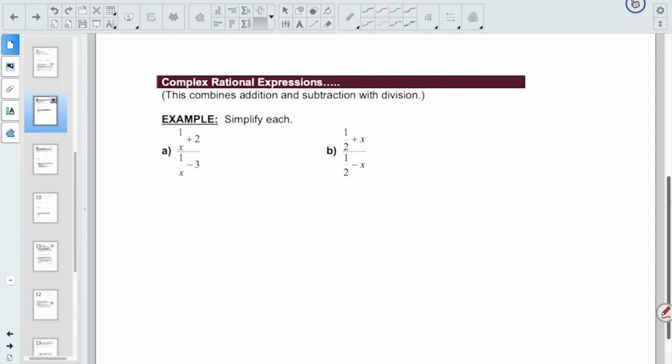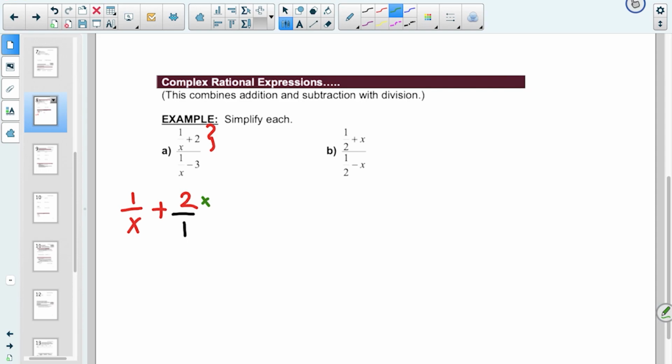So looking first at our fraction here on the top. This first one, we have 1 over x plus 2. And we can see pretty quickly that our common denominator is going to have to be x. So let's go ahead and multiply the top and the bottom by x.